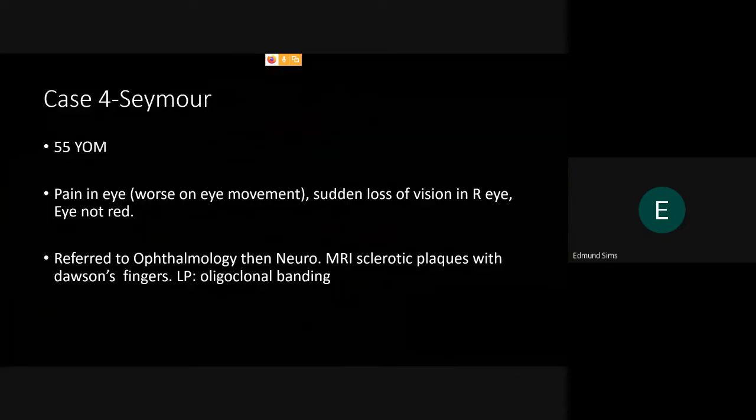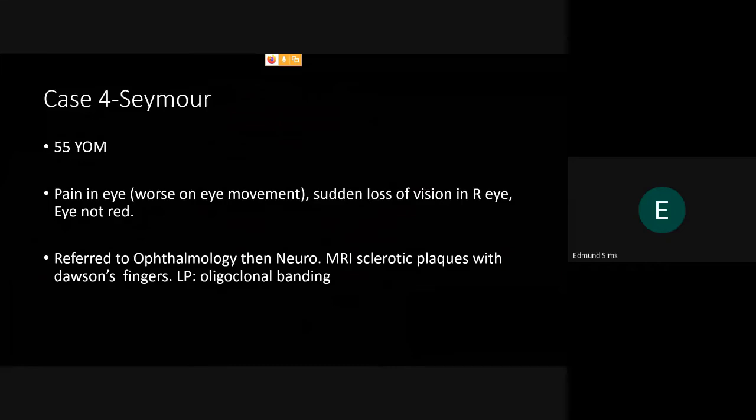So okay, case 4, Seymour, 55-year-old male. He's got pain in the eyes. The pain is worse on eye movement, and he's reporting a sudden loss of vision in the right eye. You look at the eye and it's not red. You refer him to ophthalmology urgently.